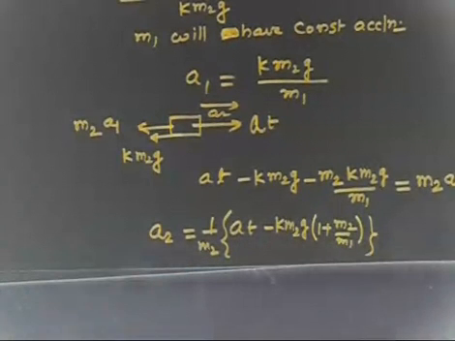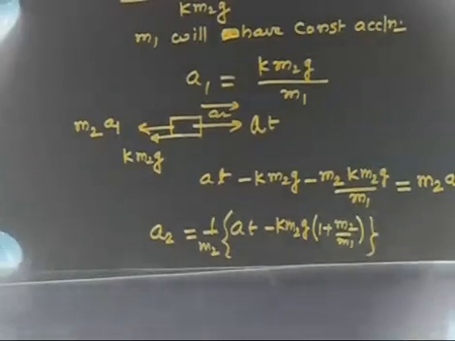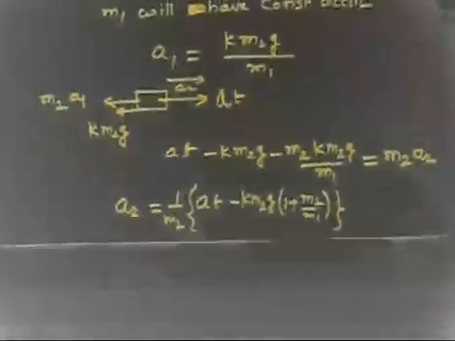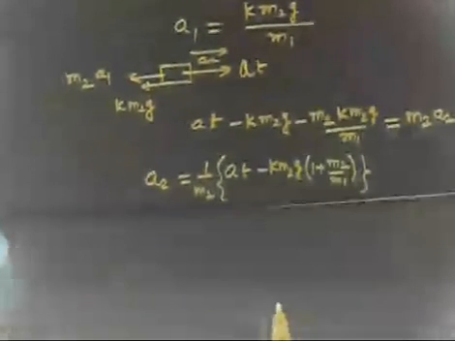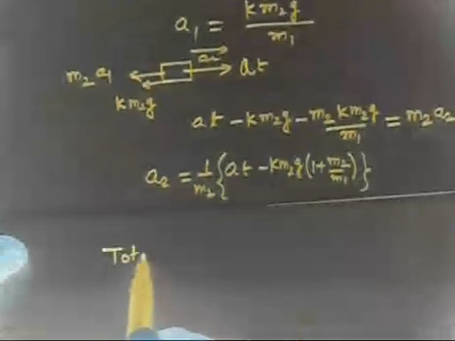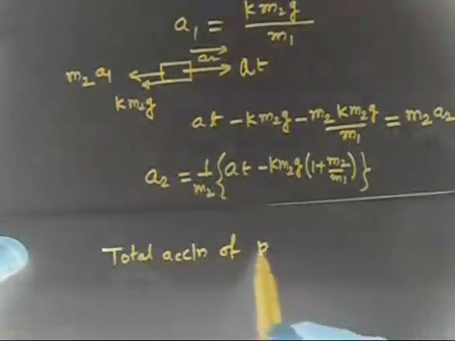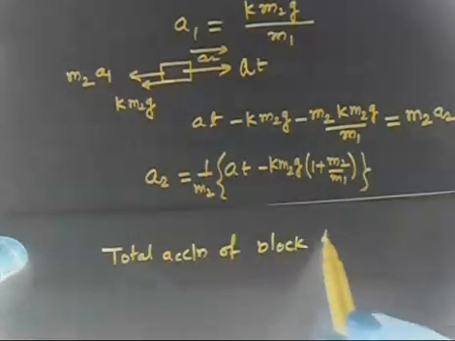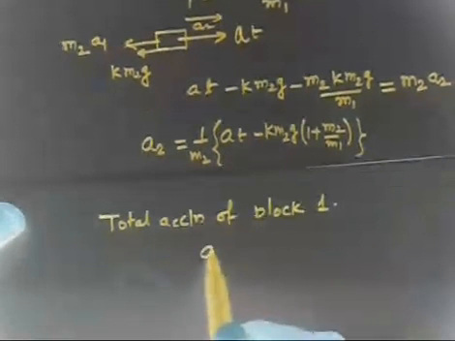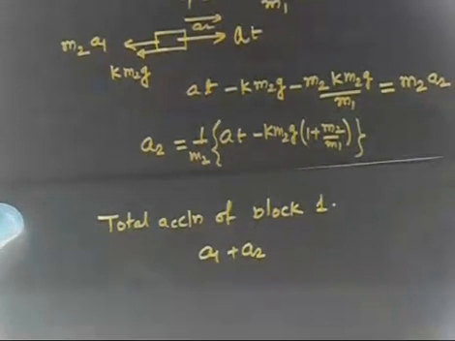You see the relative. So the total acceleration of block 1 will be this plus A1. This becomes slightly lengthy, so let me take another page. Total acceleration of block 1 will be A1 plus A2, because A2 is the relative acceleration.